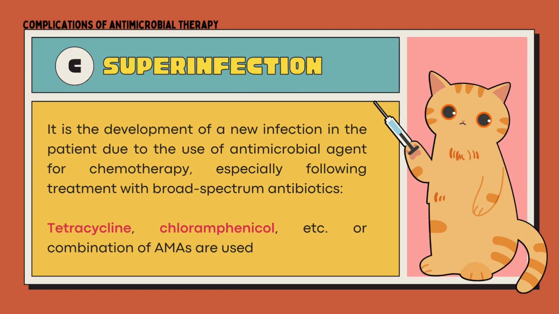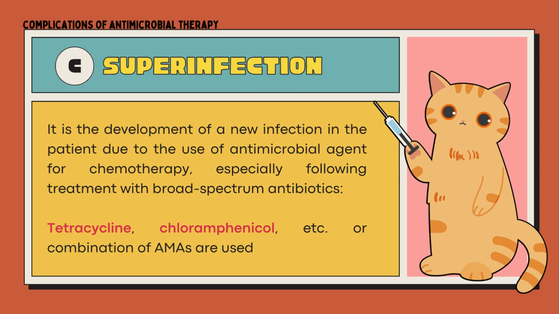So, this is why we should be more wary and critical in choosing antimicrobial agents, because too much of it on the host or the patient may lead to a new kind of infection, which is an infection on top of another infection.